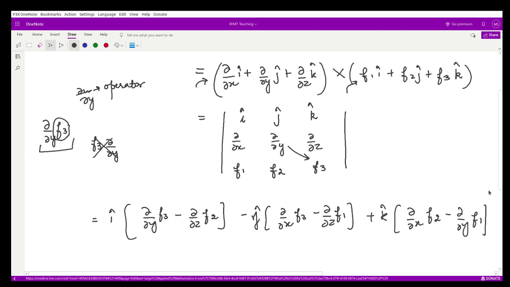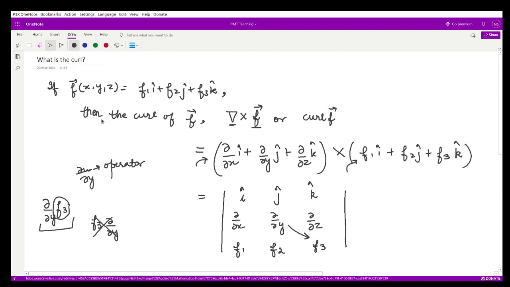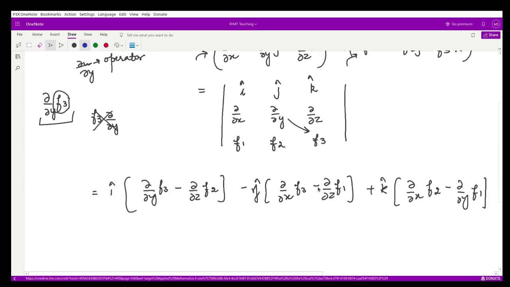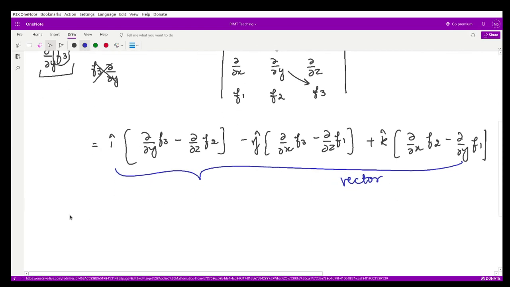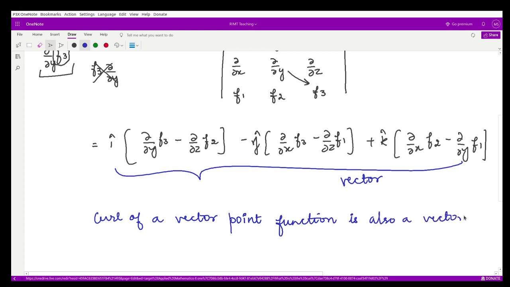Now notice that when you perform the curl operator on the vector f, you are inputting a vector and as a result you are getting a vector, right, because it has the components unit vector i, j and k. So it is to be noted that the curl of a vector point function is also a vector point function.